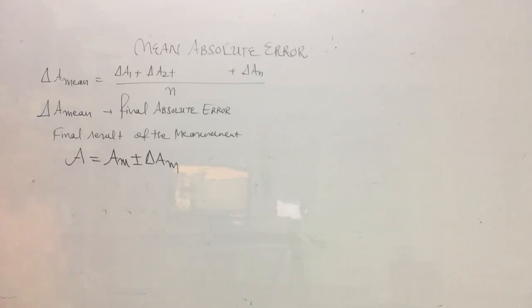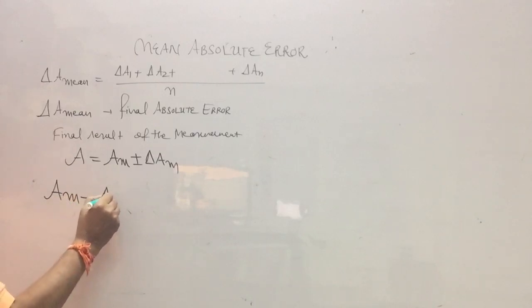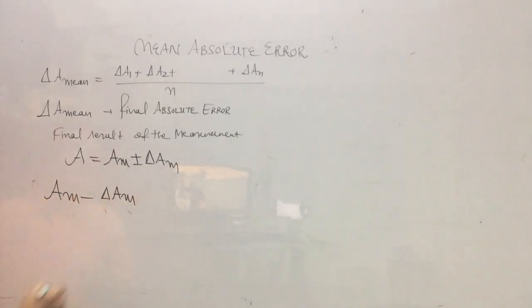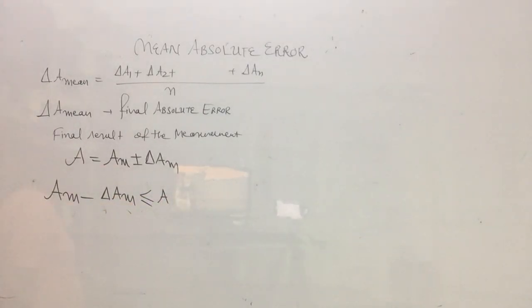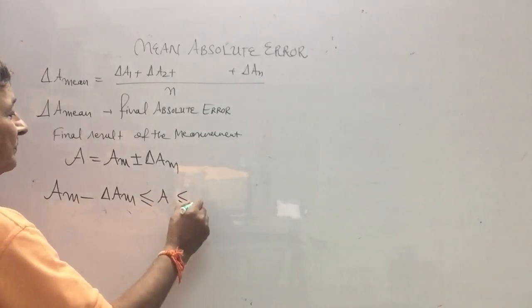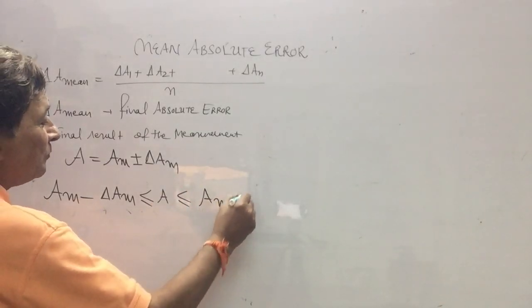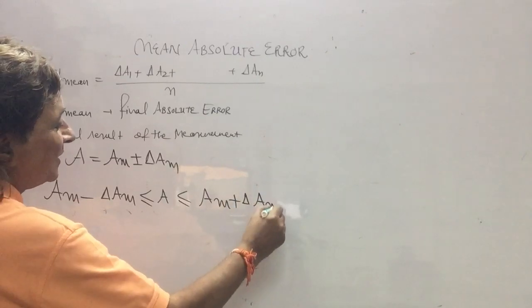It means AM minus delta AM is less than or equal to A, which is less than or equal to AM plus delta AM.